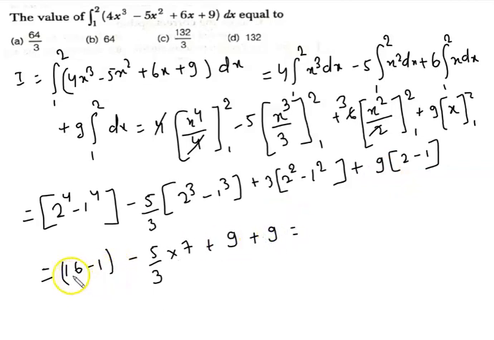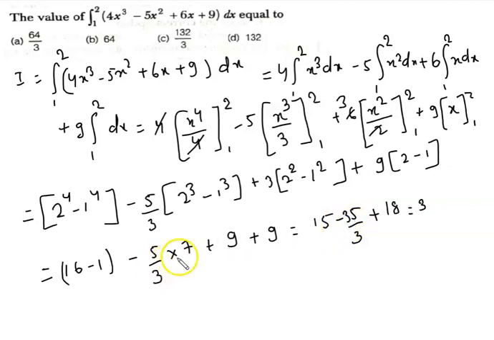So now we can write 15 minus 35 by 3 plus 18. Are you getting my points?